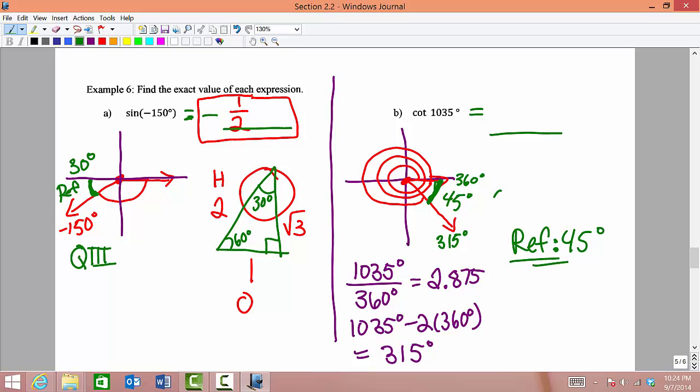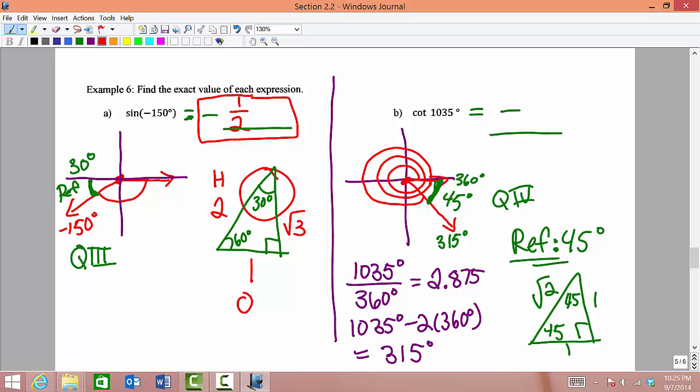Alright, so we're working in quadrant 4. And is cotangent positive or negative in quadrant 4? It's negative. And we're working from the perspective of our 45-degree angle in our special triangle, 45, 45, 90. So remember that our hypotenuse is square root of 2, the other sides are 1.